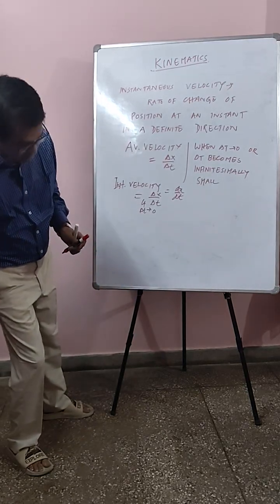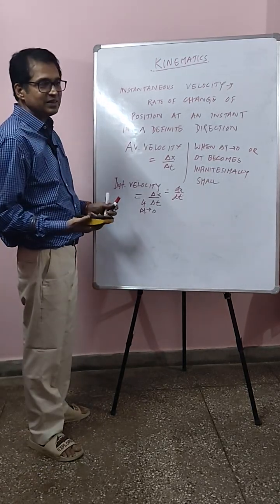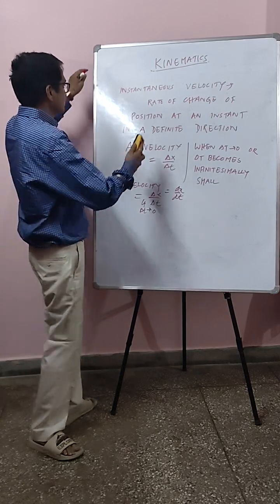Now we define instantaneous speed. Instantaneous speed is nothing but the magnitude of instantaneous velocity.